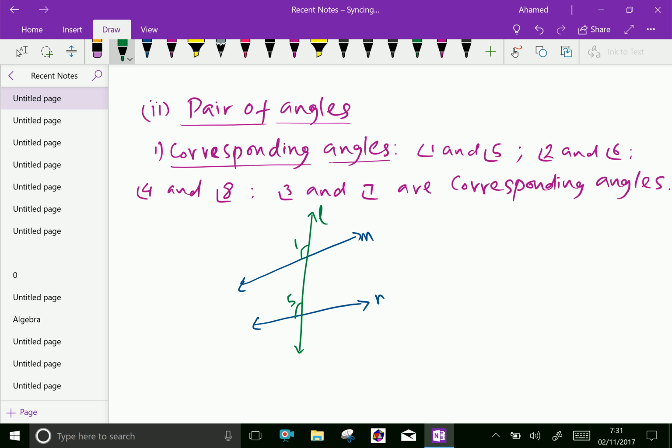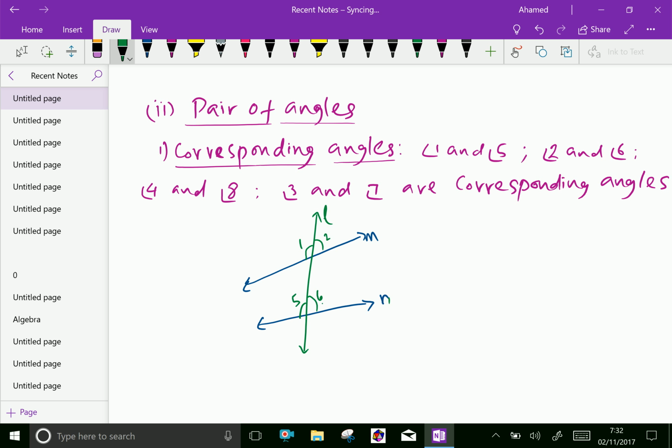And 2 and 6 are also corresponding, since angle 2 is above the line M and on the right side of the transversal L, and angle 6 is above the line N and on the right side of the transversal.